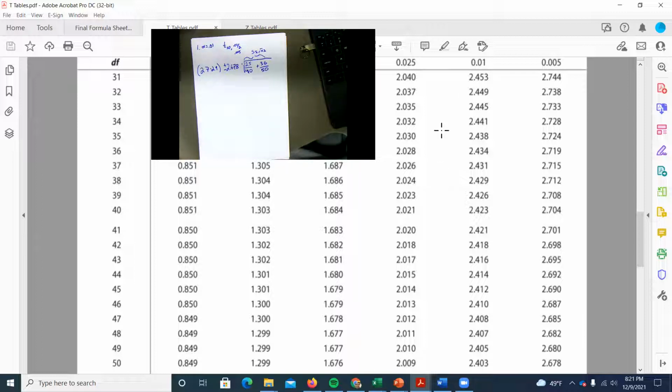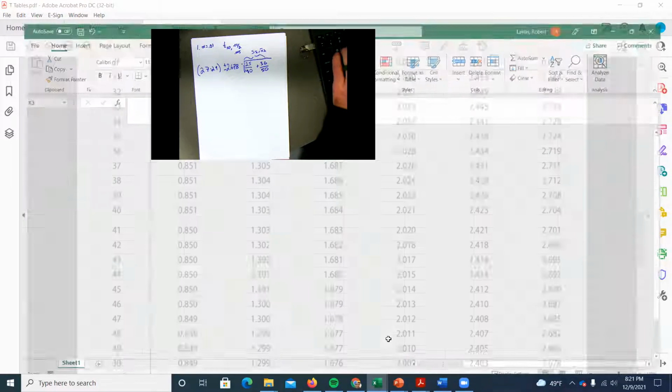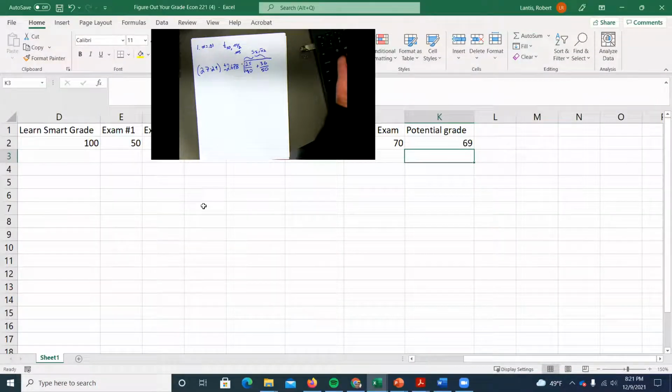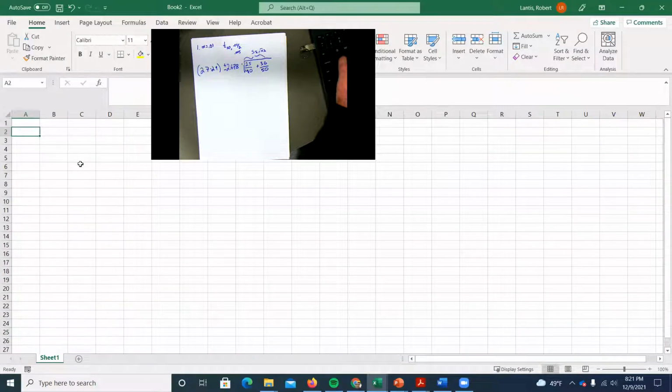Okay. So if we do that, we can use Excel real quick to be our calculator. So all we're going to do is take 27 minus 29, subtract 2.678 times the square root of 25 over 40 plus 36 over 50.